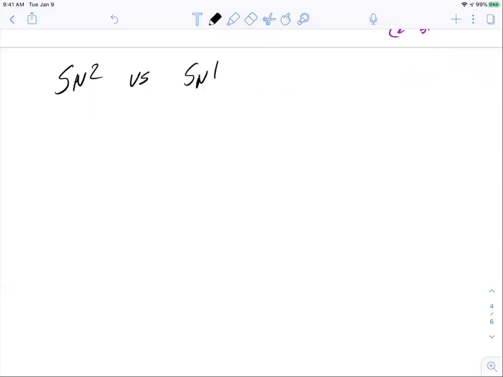So one of the things you have to do is predict whether a reaction will most likely proceed through an SN1 or will most likely proceed through an SN2. For SN2, there's some straightforward ones. One, unhindered substrates. So that's your electrophile.